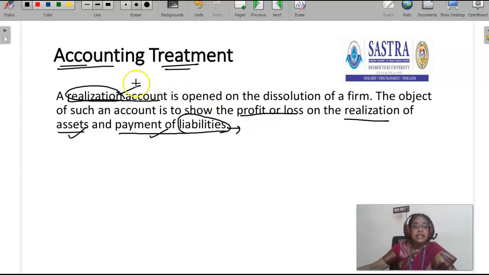So this realization account shows how much profit the firm earned or the loss the firm suffered. We can understand it with the help of the realization account.